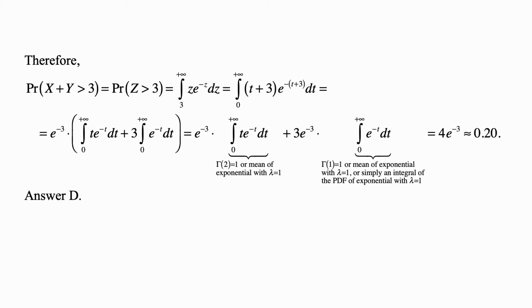Whatever way you look at it, you instantly know that this is 1. We don't calculate integrals where we know what they are. And we know these two integrals to be 1. So therefore, this is e to the negative 3 plus 3e to the negative 3. That's 4e to the negative 3, which is approximately 0.20, and that's answer D.